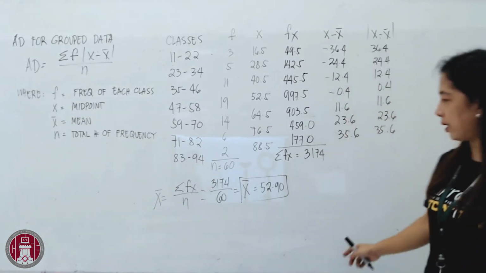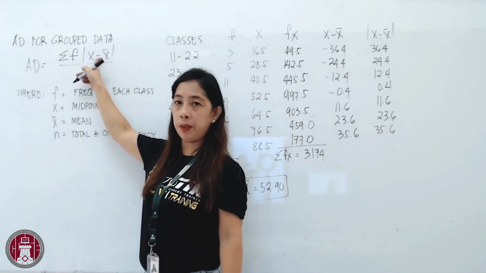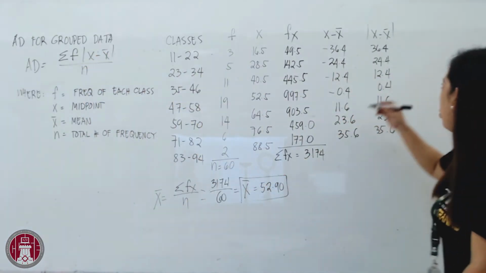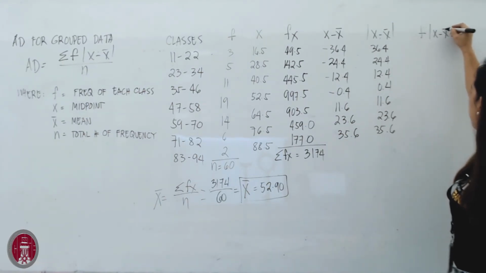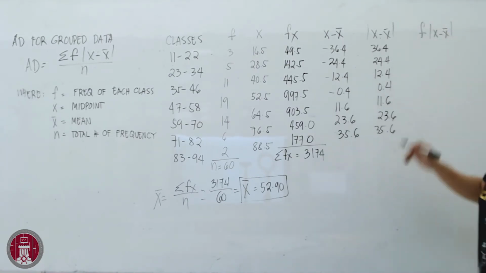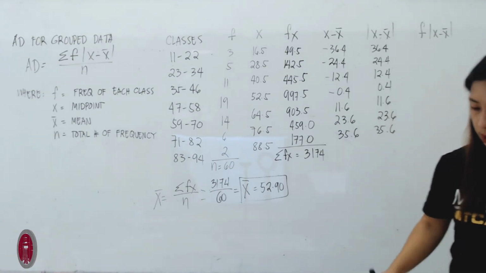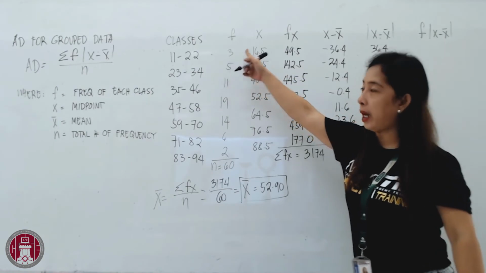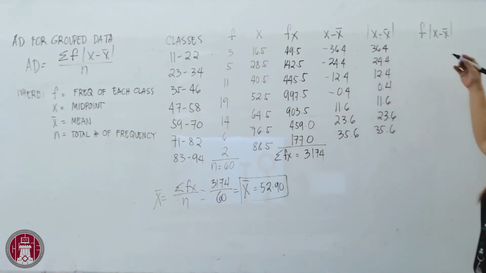Since we already have the absolute value of our midpoint less the mean, we now multiply it with our frequency, that is, frequency times the absolute value of the midpoint less the mean.